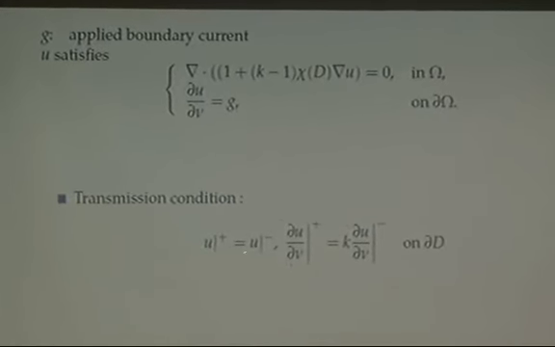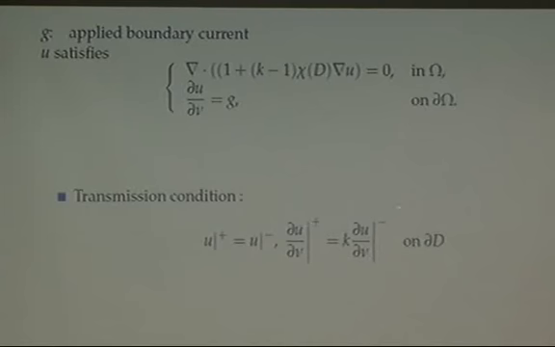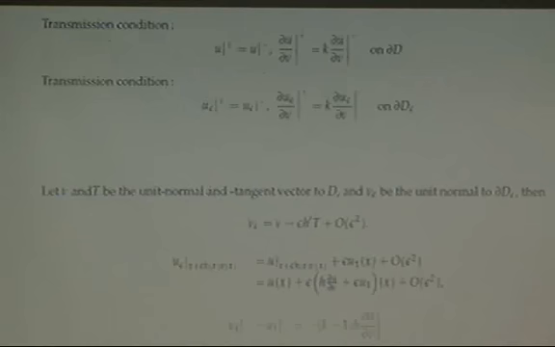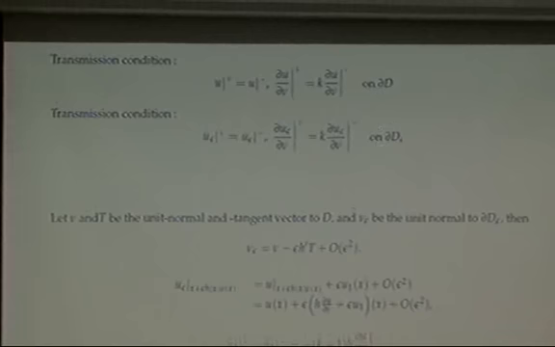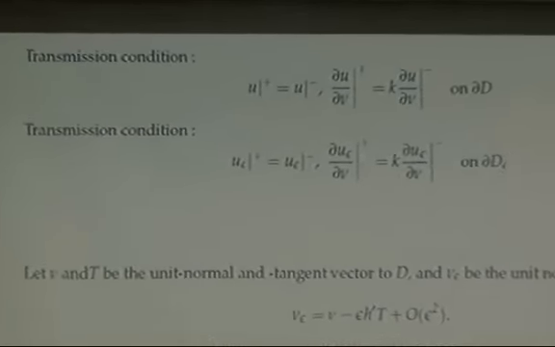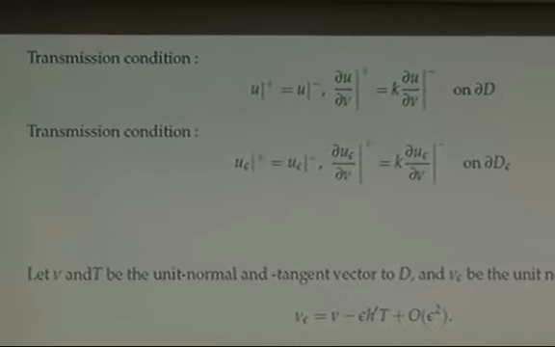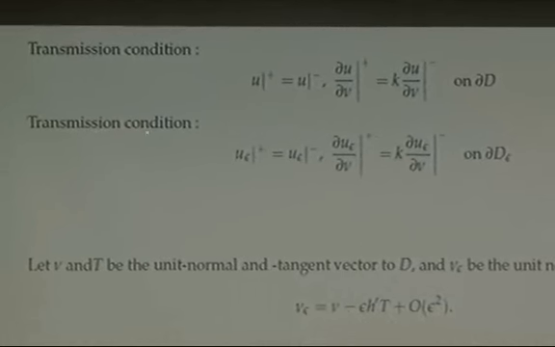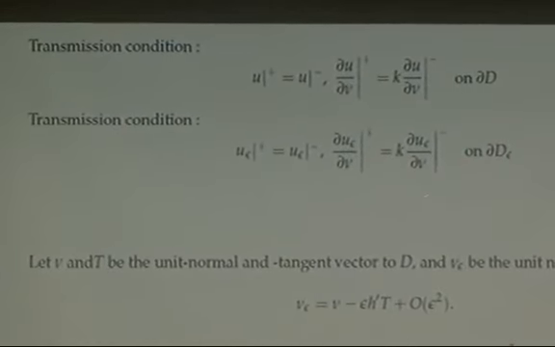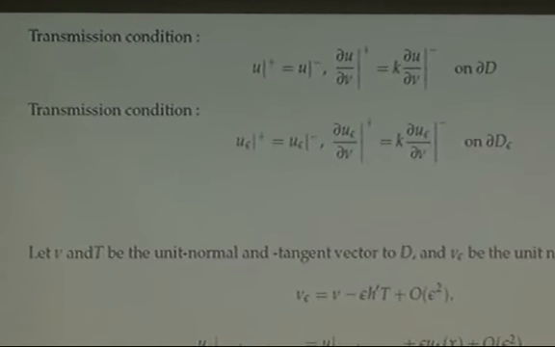For the Dirichlet one you have continuity, and for the Neumann one, the normal derivative from the exterior is the interior conductivity times the interior derivative. Now D is our initial guess, and the actual one is a perturbed one from D. So the true transmission condition happens on the boundary with epsilon.